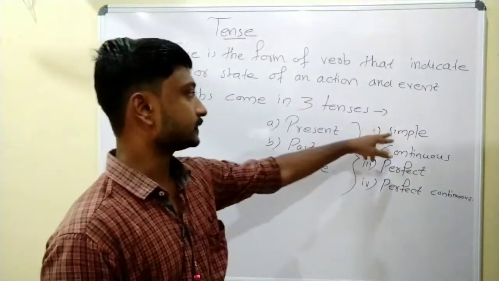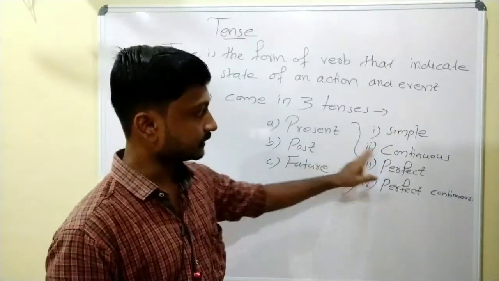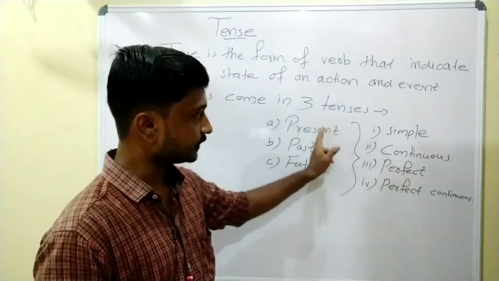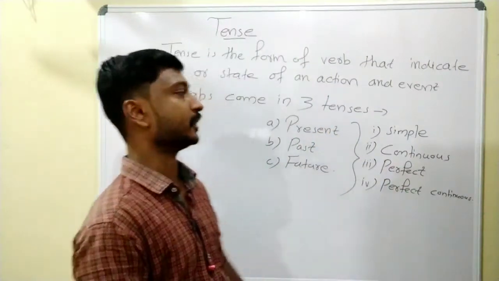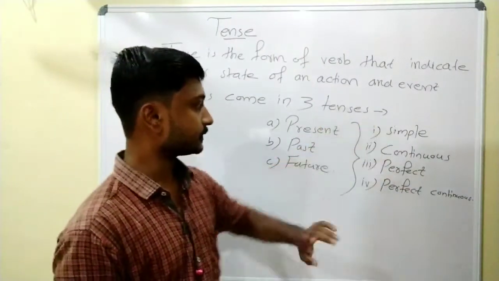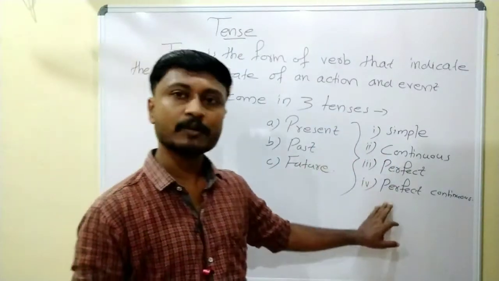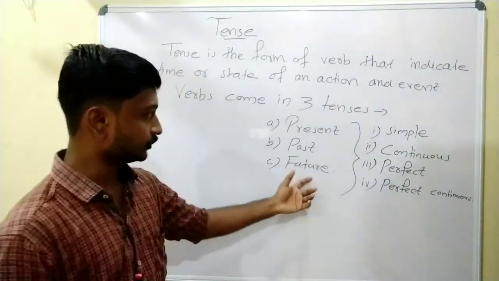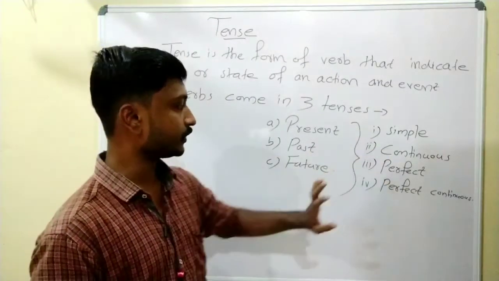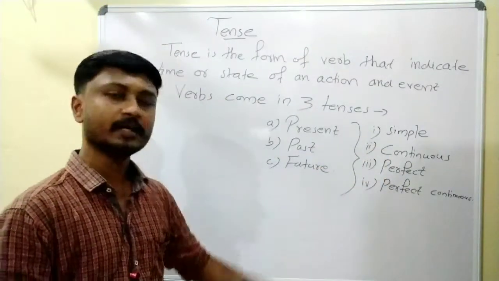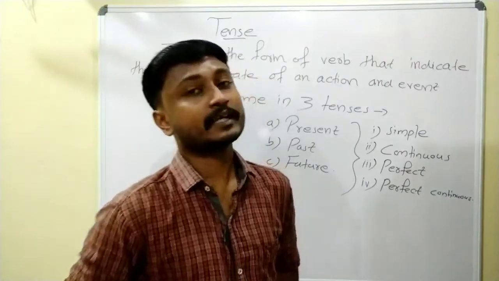That means present simple, present continuous, present perfect, present perfect continuous. Again, past simple, past continuous, past perfect, past perfect continuous. Future simple, future continuous, future perfect, and future perfect continuous.